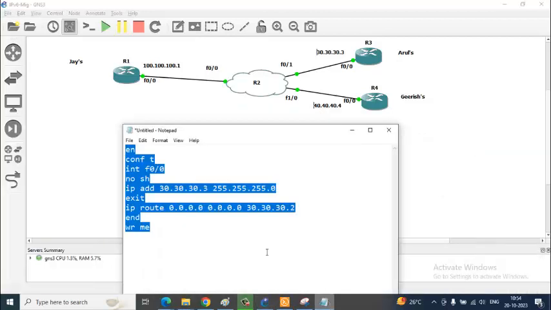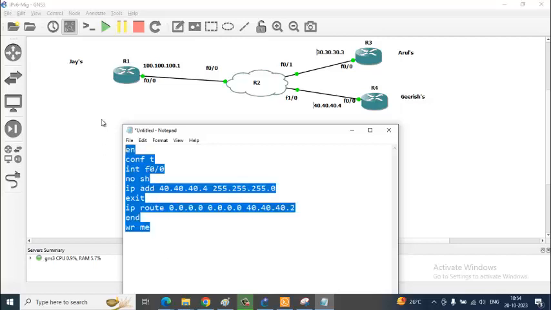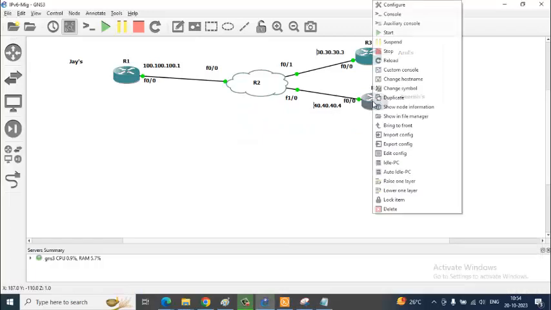Router 4 will have 40.40.40.40. This goes on router 4.